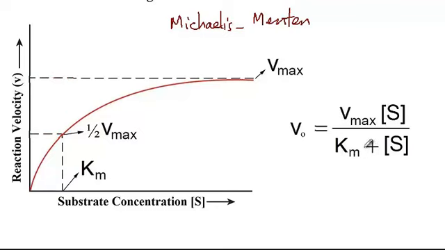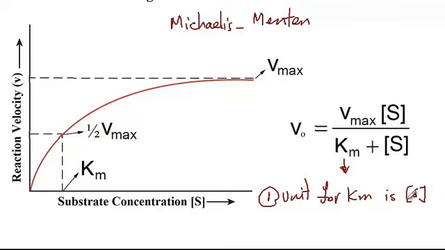In this equation, you can see that the Michaelis constant is in the denominator and is added to the substrate concentration. So the unit for Michaelis constant is the same as substrate concentration. So that's the first important concept: the unit for Michaelis constant is substrate concentration.